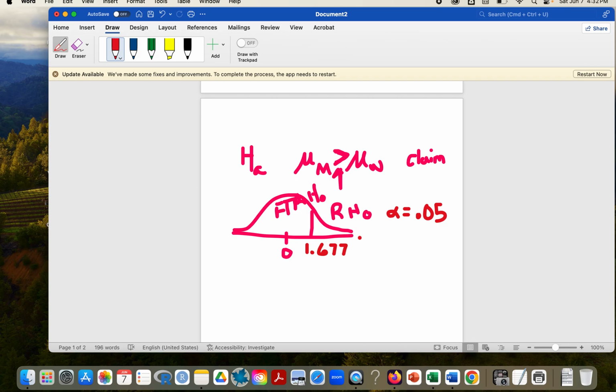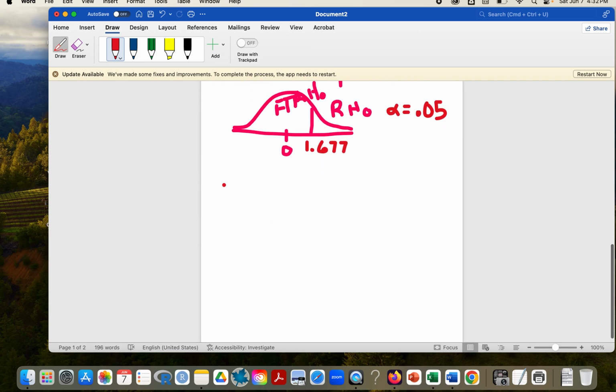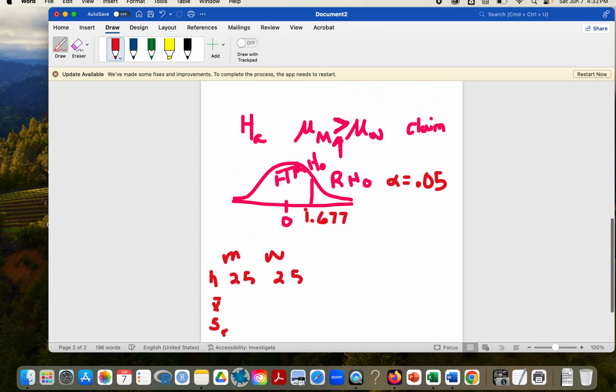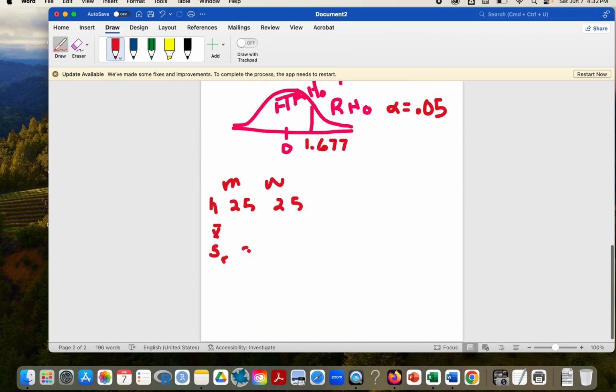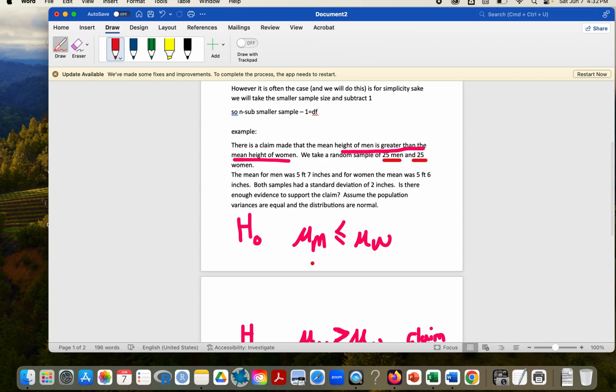The next thing we need to do is get our test statistic. I've got men, I've got women. Our sample sizes are both 25. Now we need our x bar and our s sub x, our sample standard deviations. They were both 2, and these are both in inches, I believe. I said 2 inches?